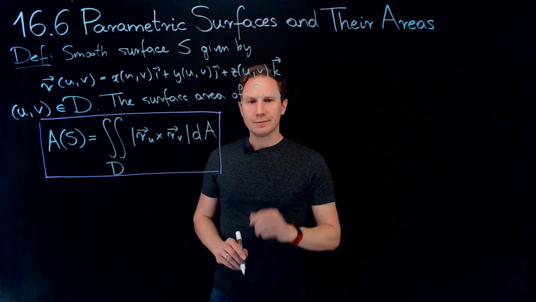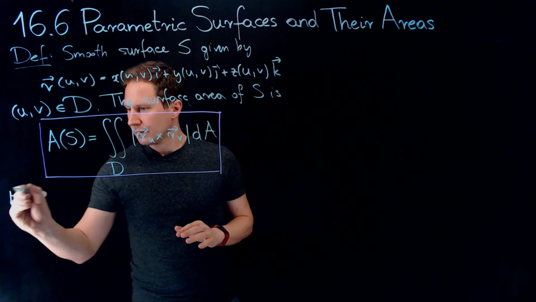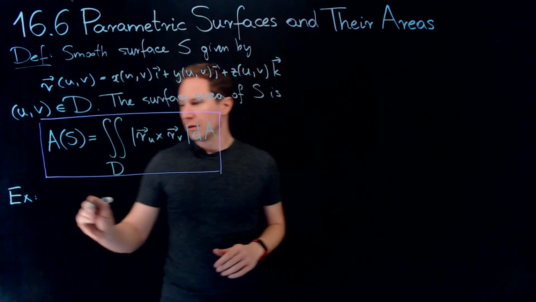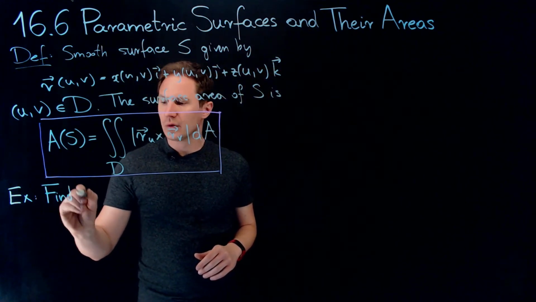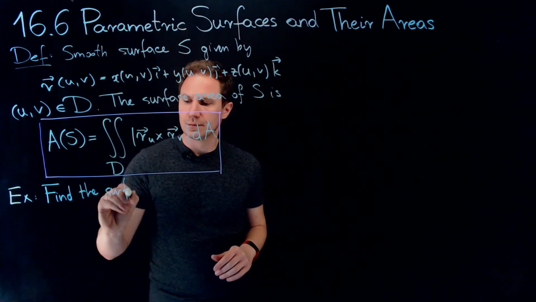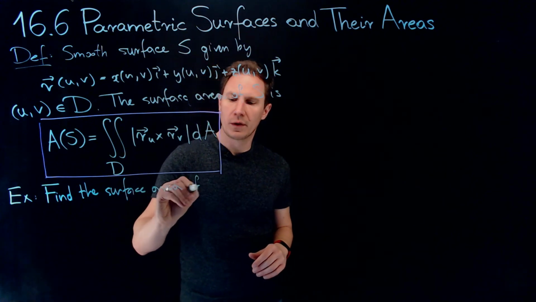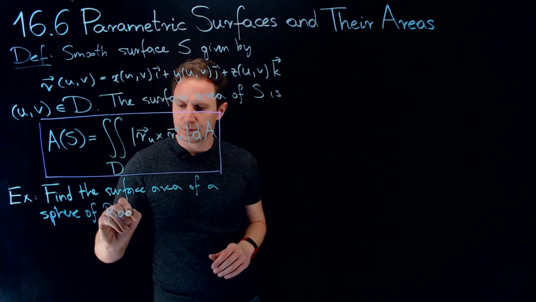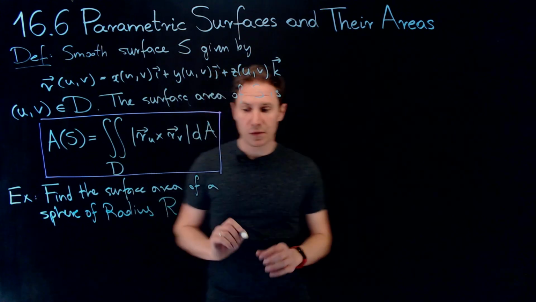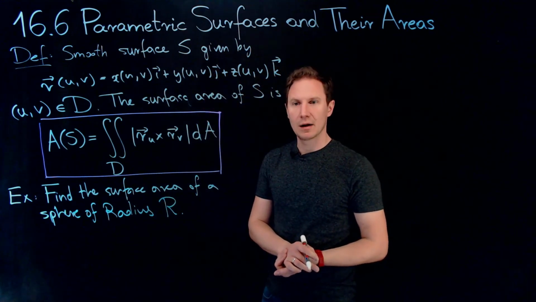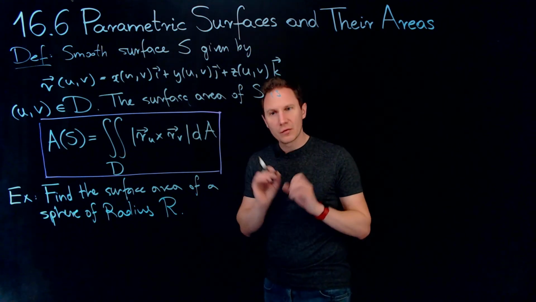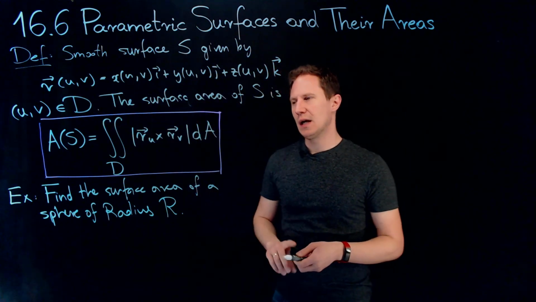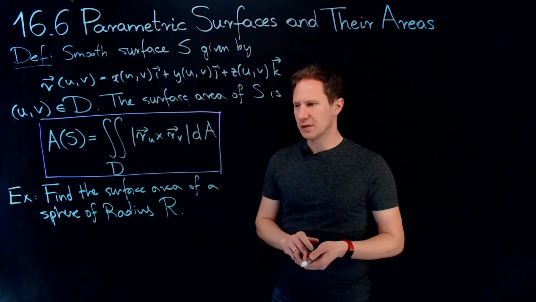To give you an example, let's compute the surface area of a sphere of radius R. This radius is fixed, it's some positive number, capital R. So use spherical coordinates to formulate your vector function, and use this formula to find the surface area of such a sphere.